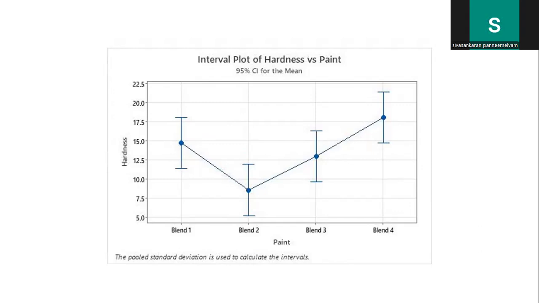The last one is between 17.5 and 20. So the maximum hardness here is blend 4, compared to the other three samples, which has the highest level of significant difference, and that is considered to be the more dominating one.